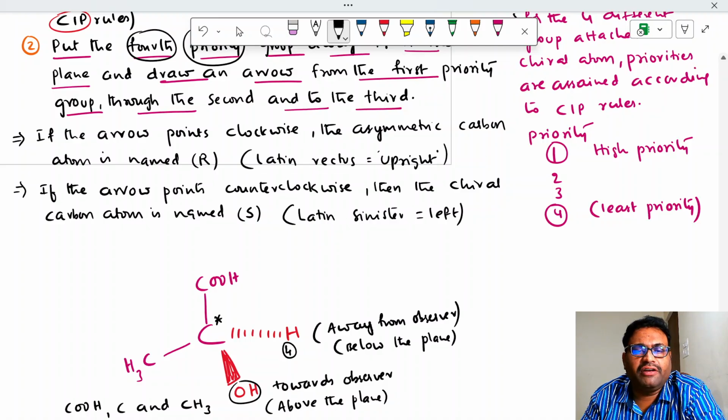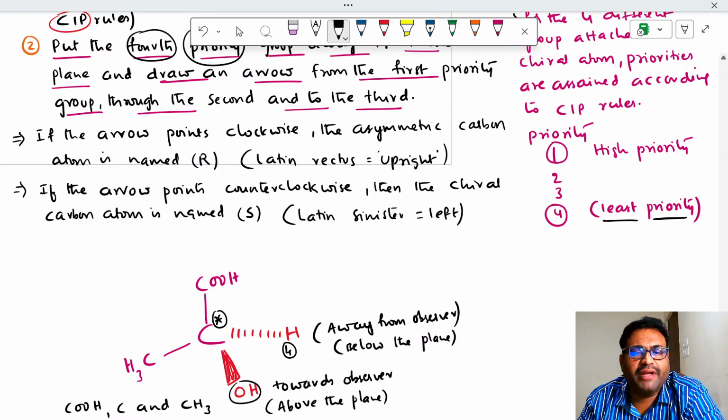This is the chiral carbon. For the atoms attached to the chiral carbon, atomic number is counted, and the one having the least atomic number is considered to have least priority. Hydrogen has atomic number 1, so it will have least priority. So now we find this hydrogen away from the observer. Are you finding hydrogen away from the observer? Yes.